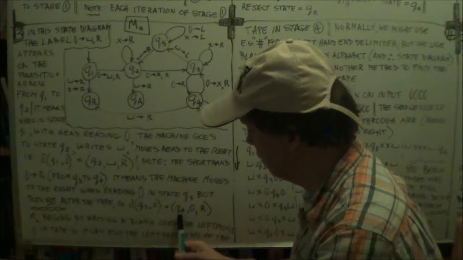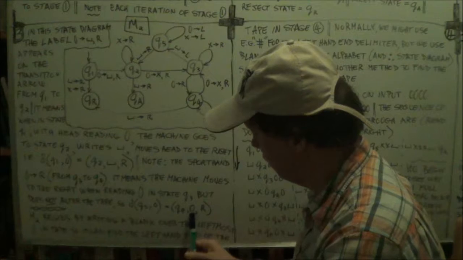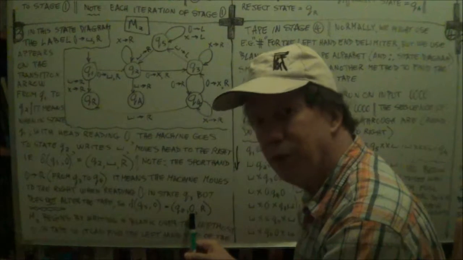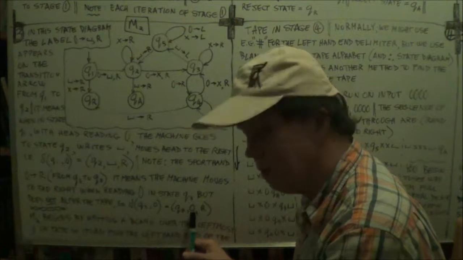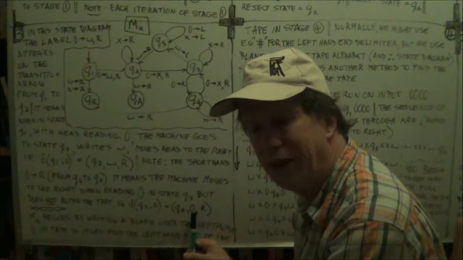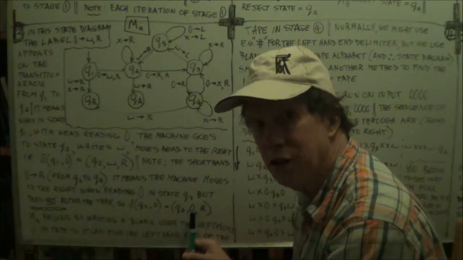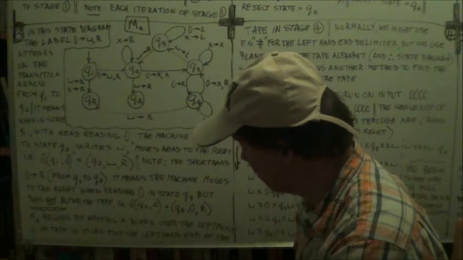Transition to the new state Q4, so now you're here. Write 0 onto the tape where the head is, but it was 0 and you're writing 0, so effectively the symbol on that square does not change. And then move right, 1 square.